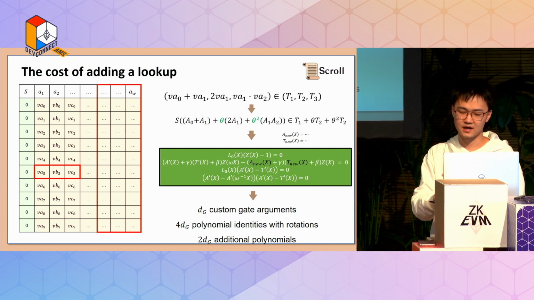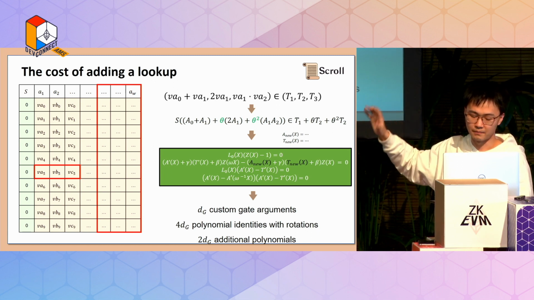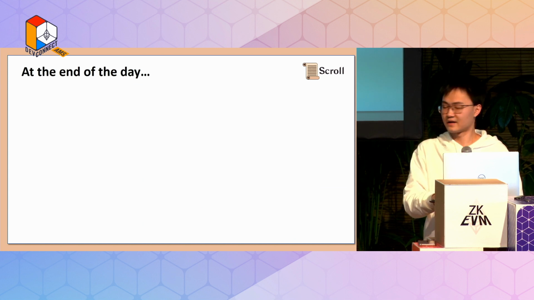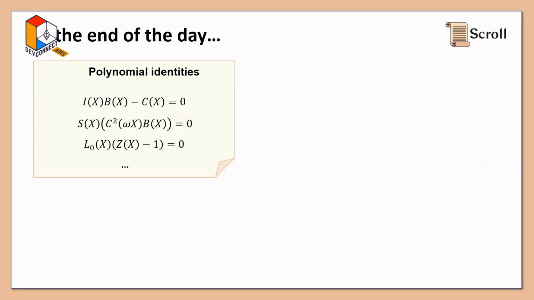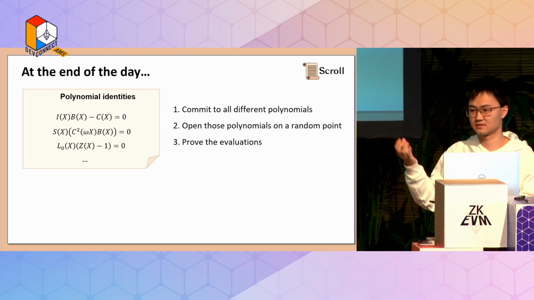Moreover, you can write some expressions there, and you just need to combine your columns using those expressions. So at the end of the day, what you have is a lot of polynomial identities you need to prove. For each custom gate, it will result in 1. For each lookup argument, it will result in 4. And then you need to commit to all different polynomials and open those polynomials at a random point to prove that this relationship holds at all the columns.